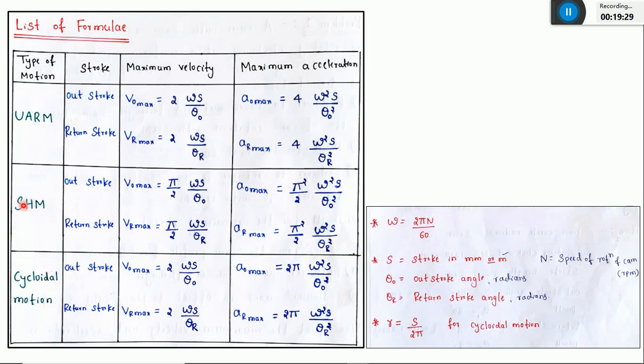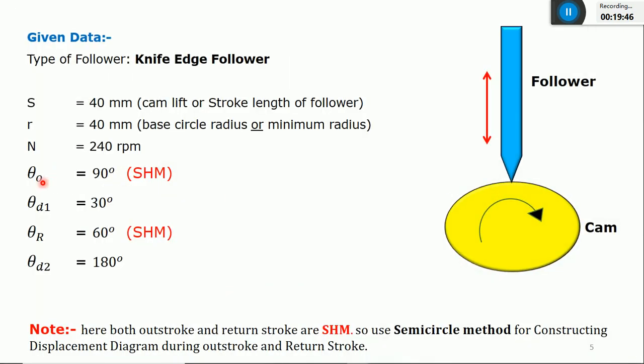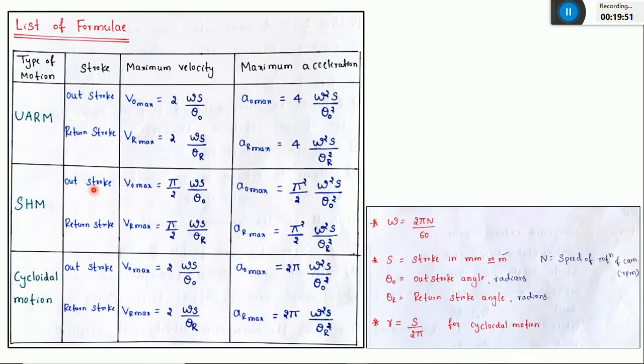Since in this case both the outstroke and return stroke are simple harmonic motion, I'll take all these 4 formulas. So first write down this formula. Just take this table. First I'll consider the outstroke. The outstroke is simple harmonic motion, which means I'll select these 2 formulas.